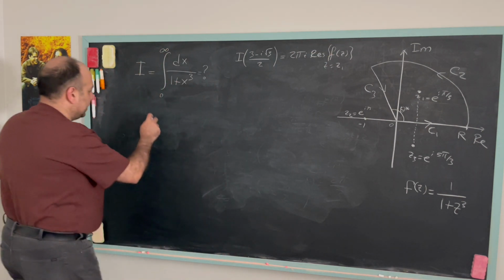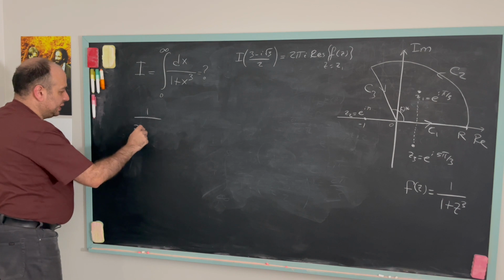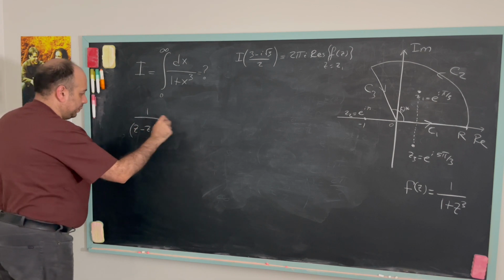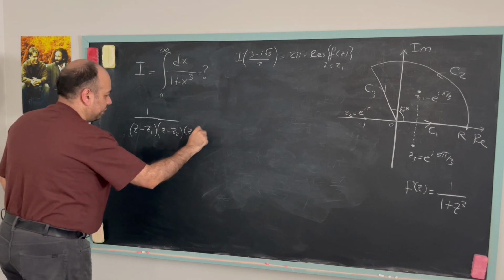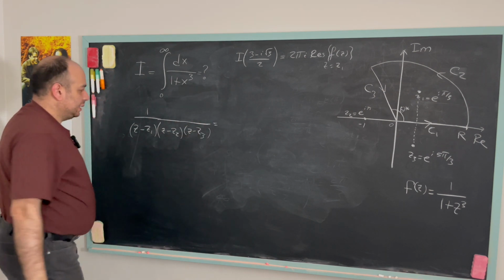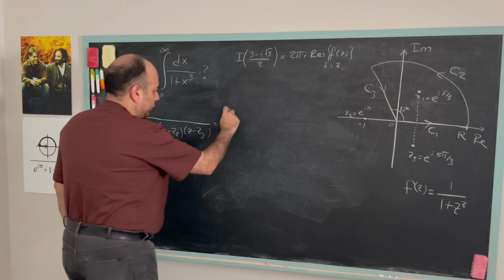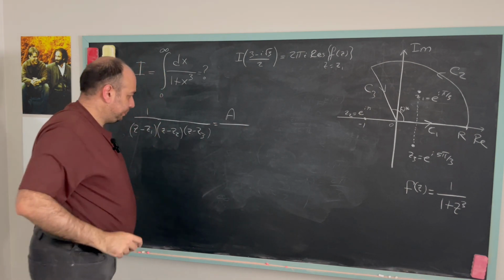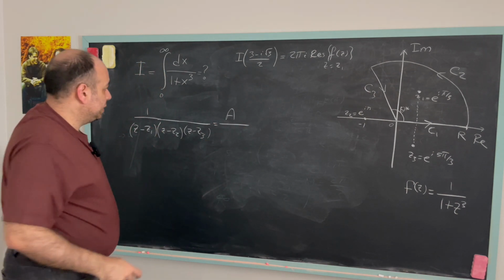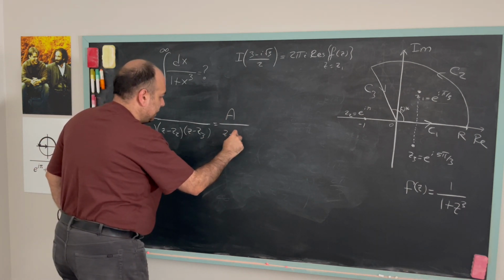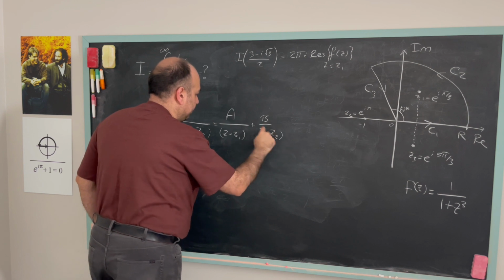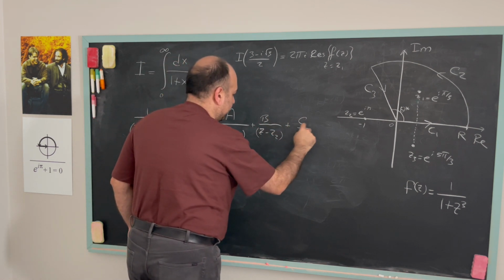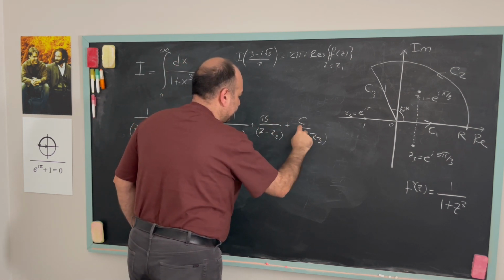So f of z can be expressed as 1 over z minus z1, z minus z2, and z minus z3. We can use partial fraction decomposition: a over z minus z1 plus b over z minus z2 plus c over z minus z3.